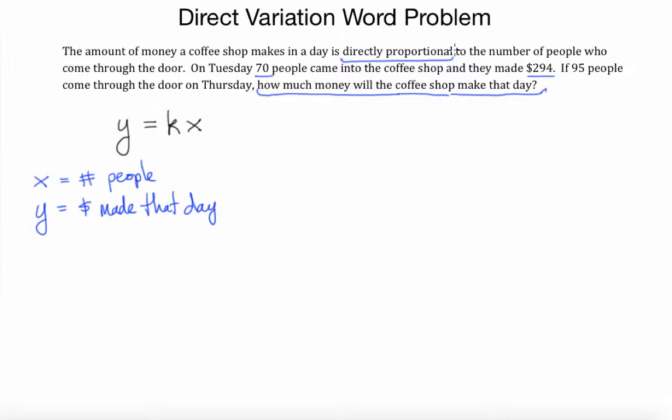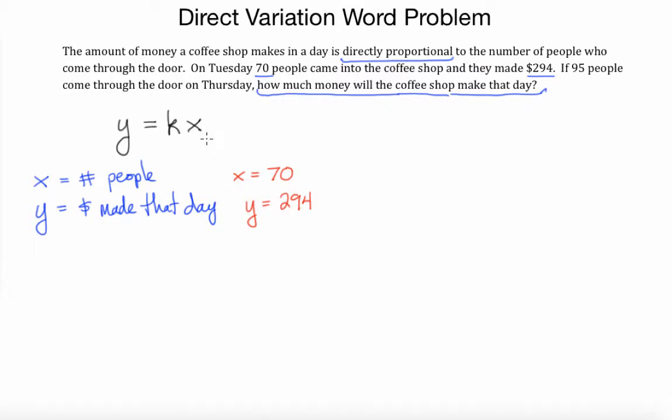Okay, so I know some specifics. I know specifically when 70 people came, that's an x value. When 70 people came, we made $294. So I'm given specific parameters, 70 people, $294.